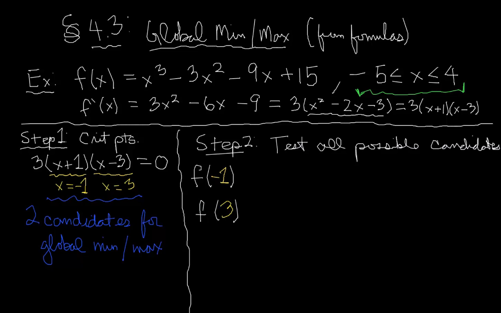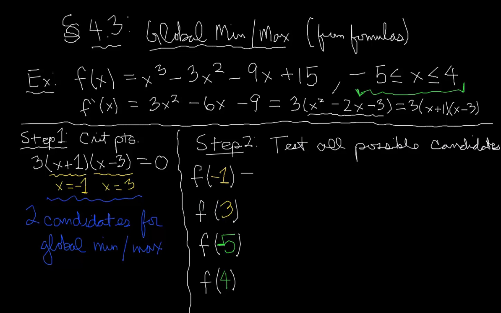Those are our critical points, but we're also going to have the endpoints as well. Those are our other candidates. Remember, global mins and maxes over a closed interval can be located inside at critical points or on the endpoints, in which case we have to check -5 and 4. So we have to test 4 numbers.